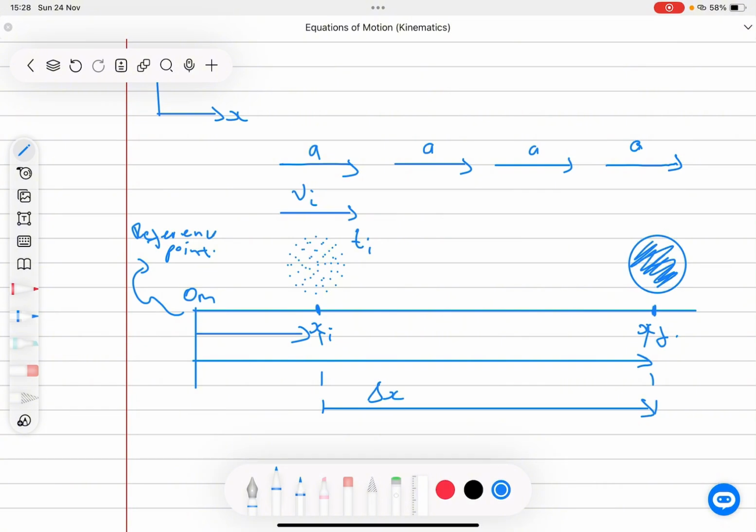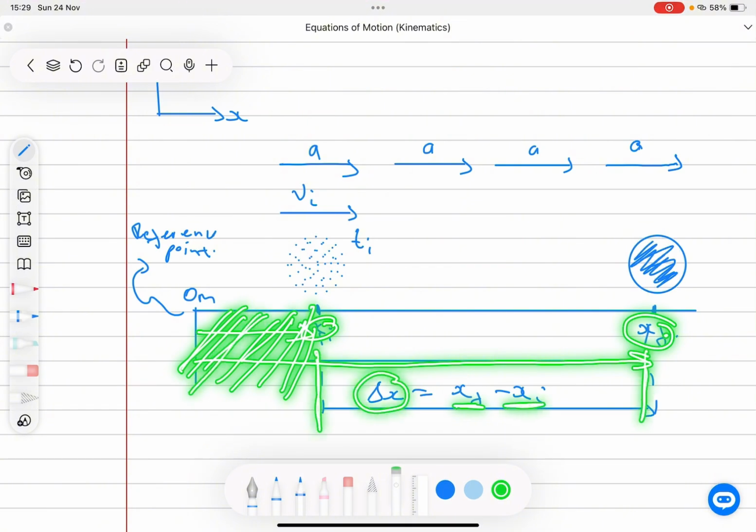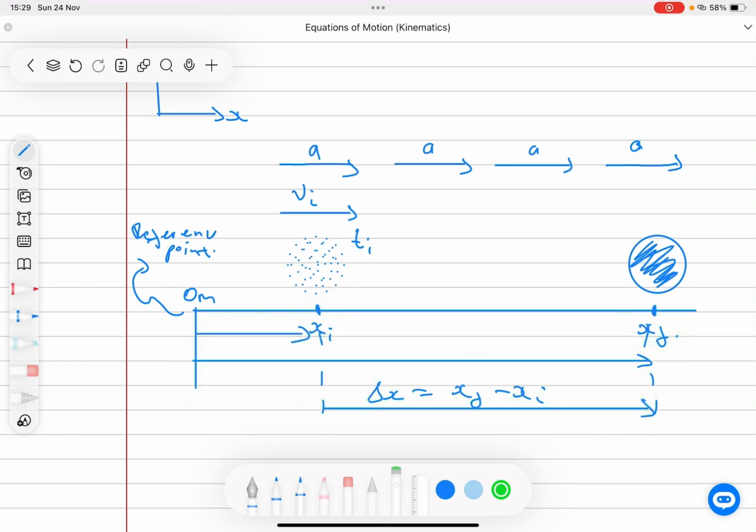This is the change in x of the object, so it will be given by x final minus x initial. Let's look at this very carefully. From this whole length here, which is x final, I'm subtracting this length here, which is x initial. I'm removing it. I'm saying x final minus x initial. Then that will give me the length from here to here, and it's a vector that goes in that direction.